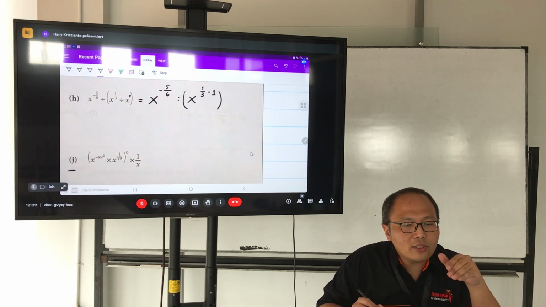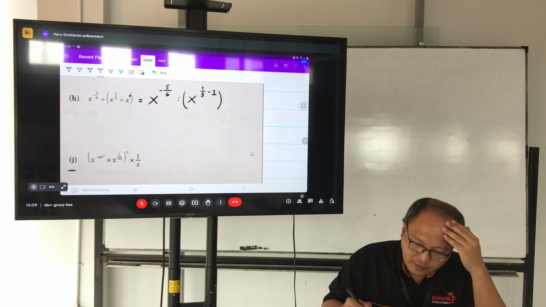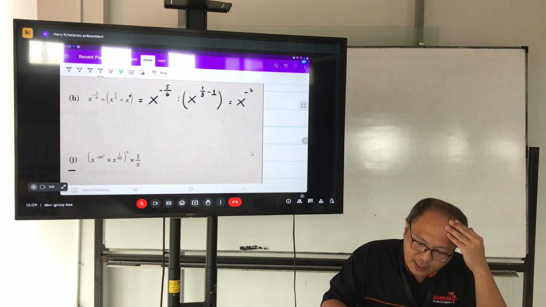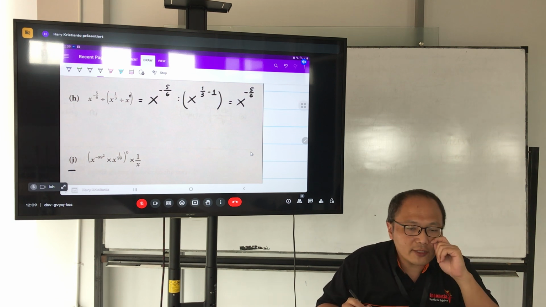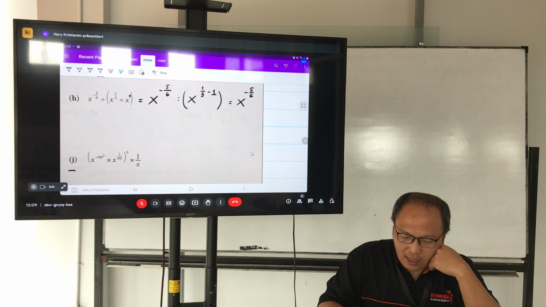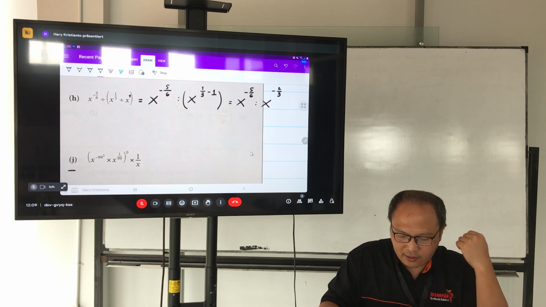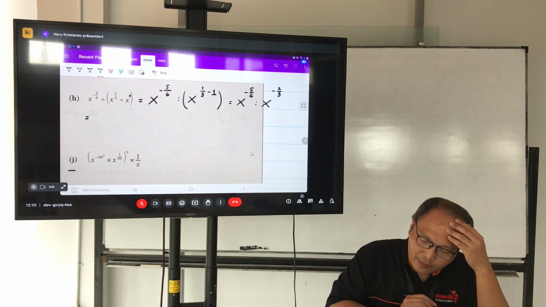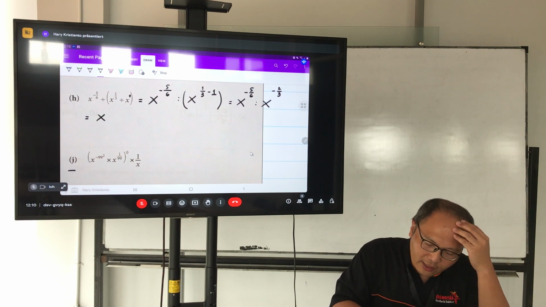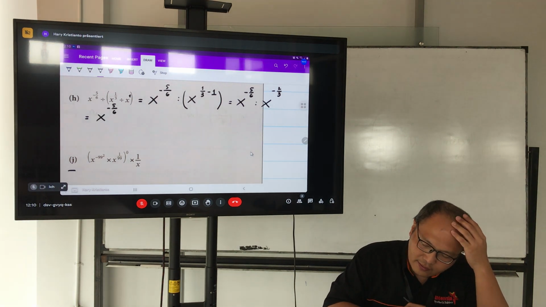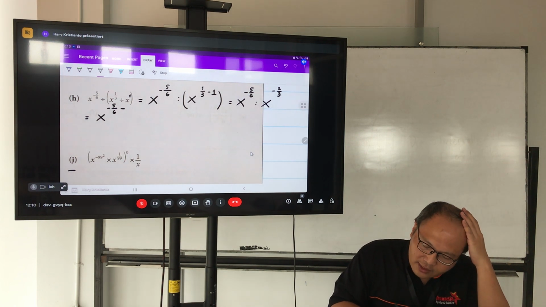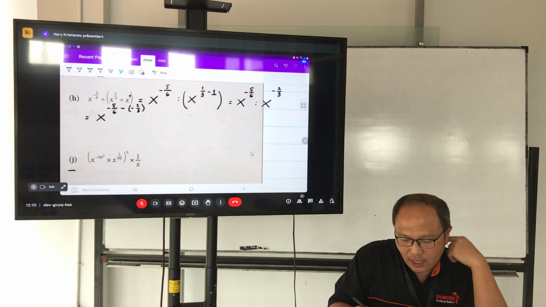x to the power of 1/3 minus 1 equals x to the power of negative 5 over 6, divided by x to the power of negative 2 over 3. So this is x to the power of negative 5 over 6 minus, in bracket, minus 2 over 3.